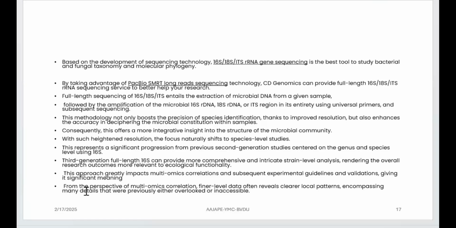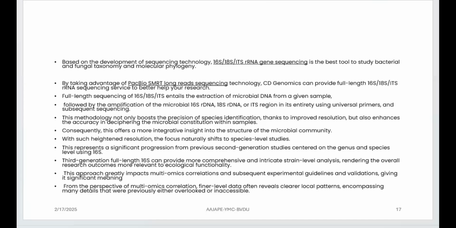And the last statement is another important statement, that is the approach which includes multi-omics correlation, multiple omics, genomics, metabolomics, right? So multi-omics is going to be very important when you are going for clustering of organisms and their classification. So 16S, 18S, their limitations.